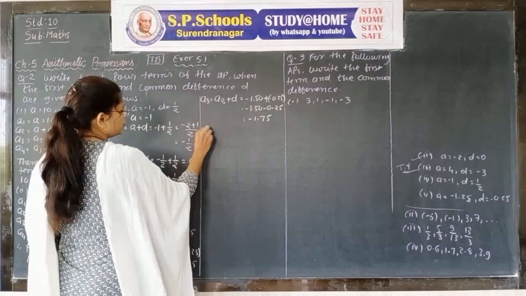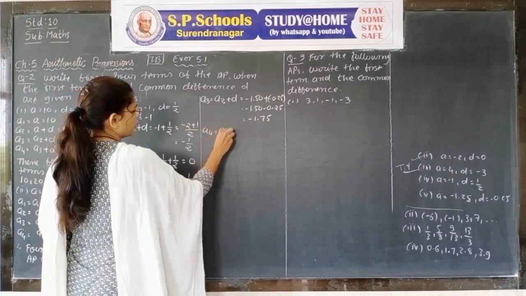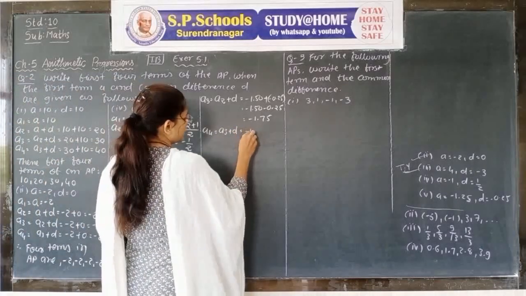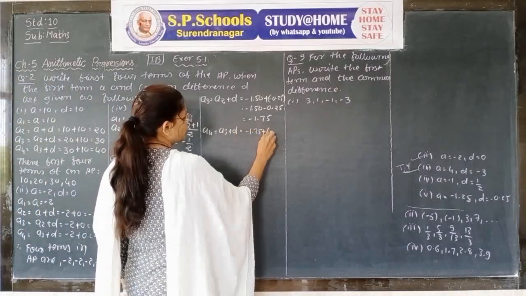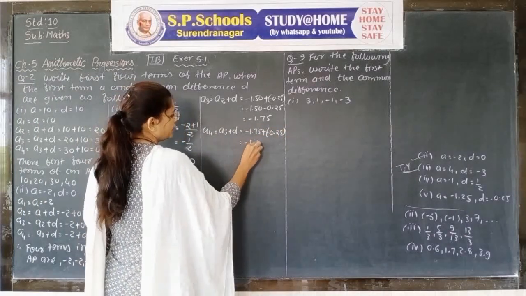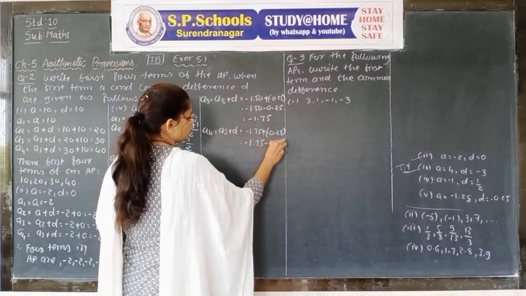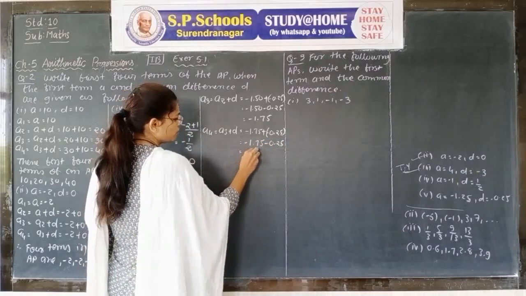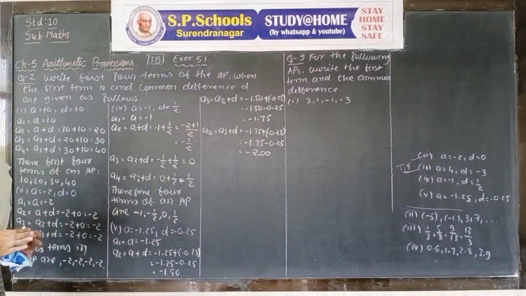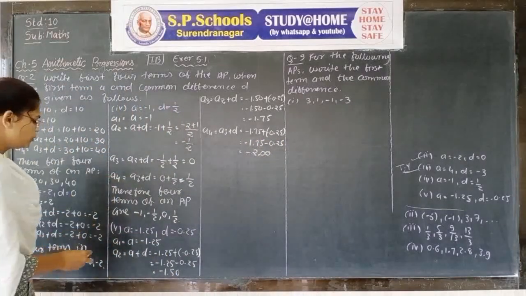Now to find the fourth term, A4 is equal to A3 plus D, where A3 is equal to -1.75. We have to add the common difference, which is -0.25. -1.75 minus 0.25 is equal to -2.00. Otherwise you can take only -2. The fourth term is obtained here.